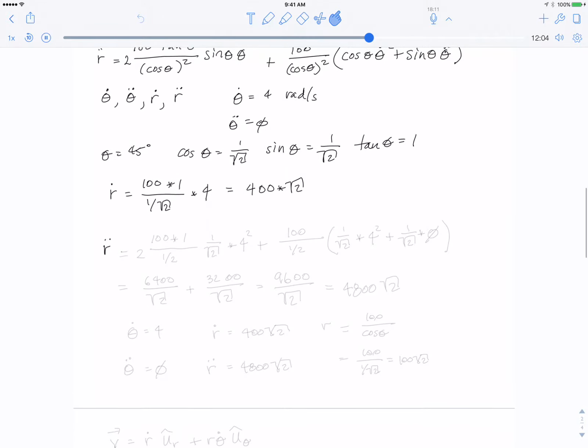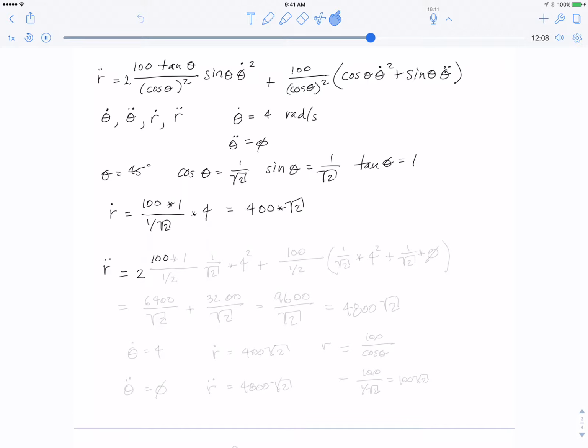So r double dot is 2 times 100 times tangent theta, which is 1, divided by cosine squared, which is 1/2, because cosine is 1 over root 2, times sine theta, which is 1 over square root of 2, times theta dot squared, which is 4 squared, plus 100 divided by cosine squared, which is 1/2, times cosine, which is 1 over square root of 2, times theta dot squared, 4 squared, plus sine theta, 1 over square root of 2, times theta double dot, which is 0.